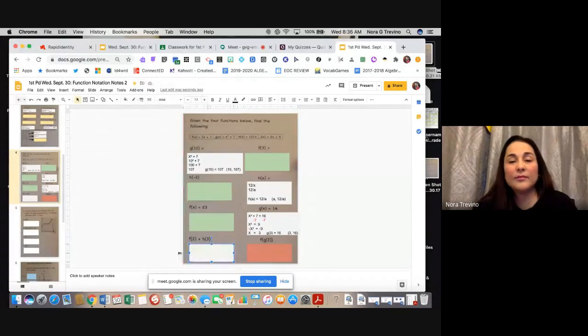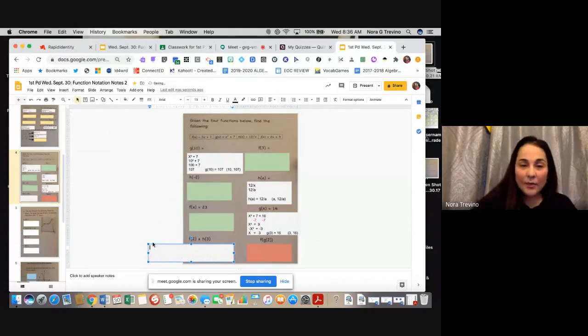Now for this one, I might need a little space. Okay, so now let's go to this one. Look at what they're telling you. Find f of 2 and then add it to h of 3. So how many problems we got going on here?